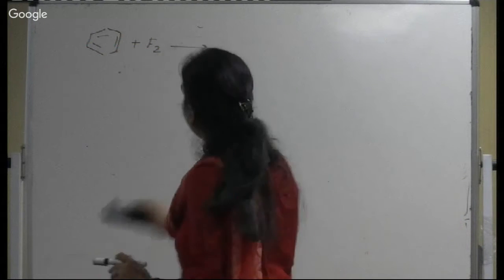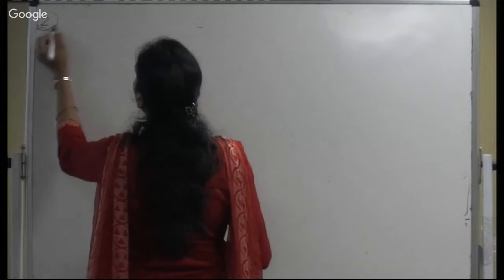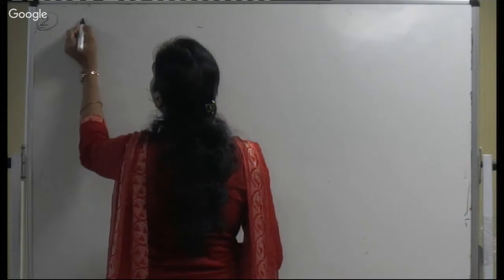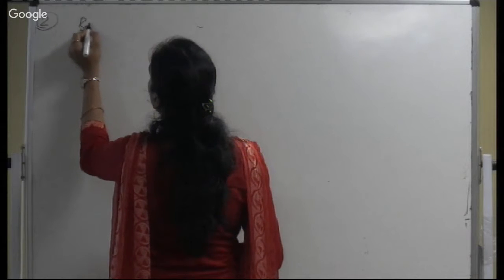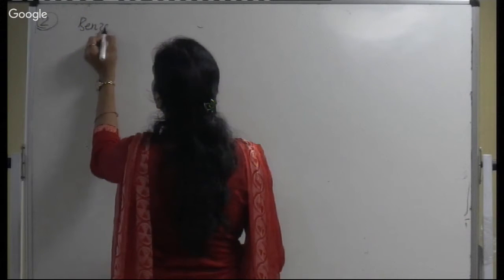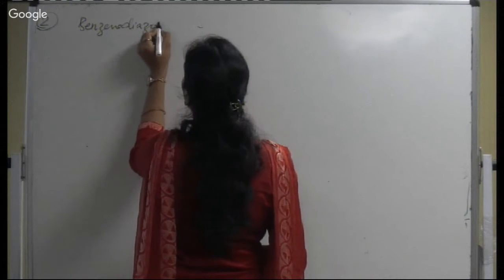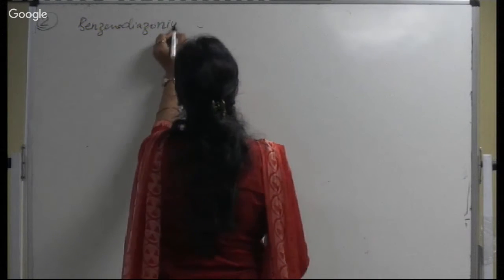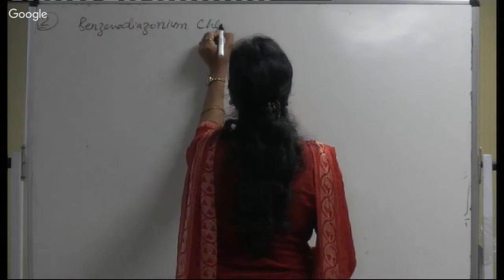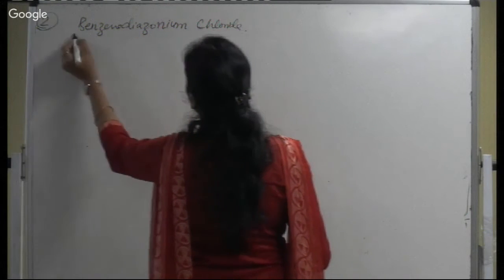The second method for the preparation of aryl halide is from benzene diazonium halide, chloride or bromide, whatever you are using.